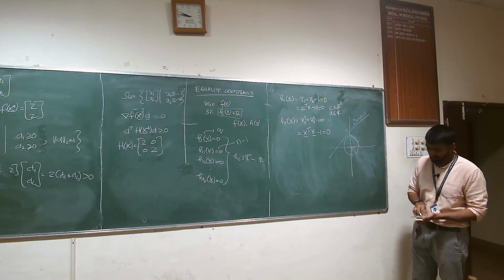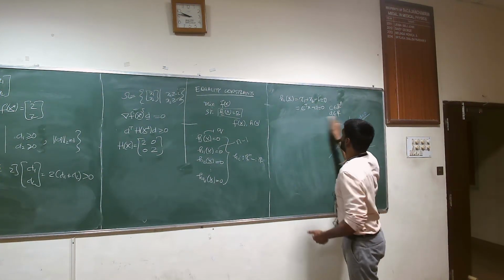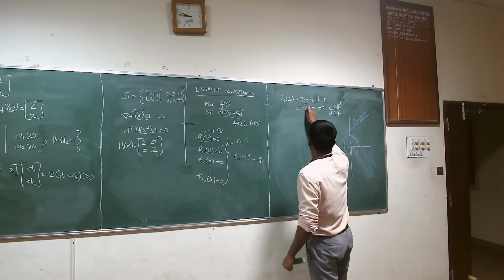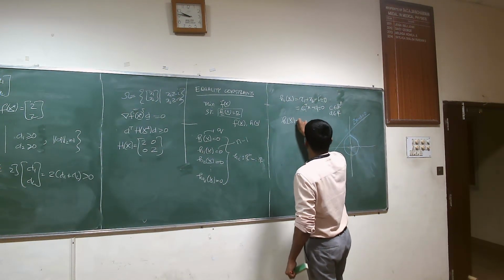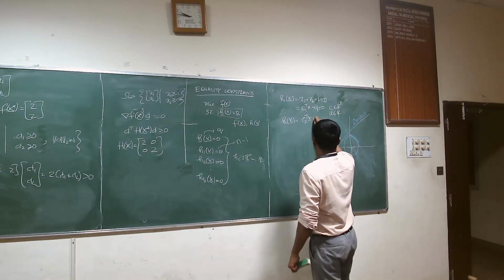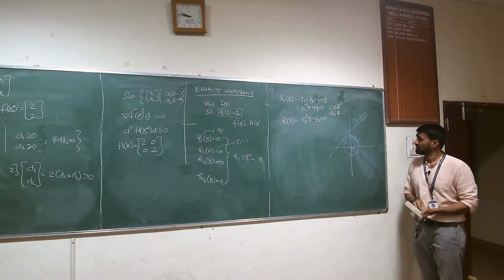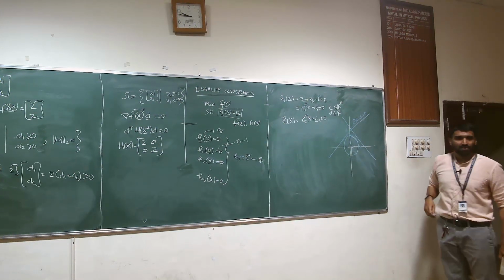let's say we were talking about R2. I'll remove this. Let's say we were dealing with the problem in R2. I had one equation like this, h1 of x equals 0. And let's say I had another equation like this, and there will be some other line like this.